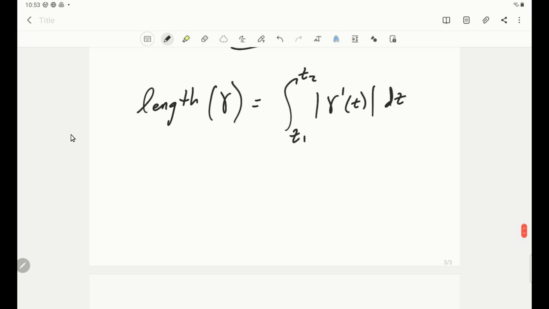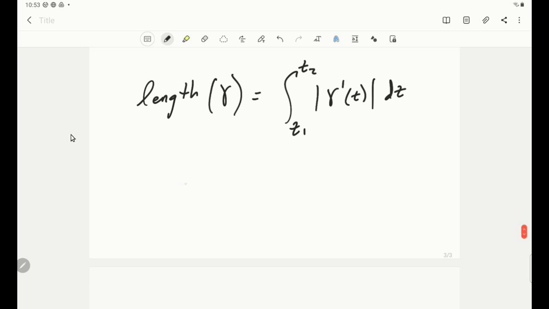Remember, there's a real part, so there's gamma prime x plus I gamma prime y inside there, that's that parameterization.